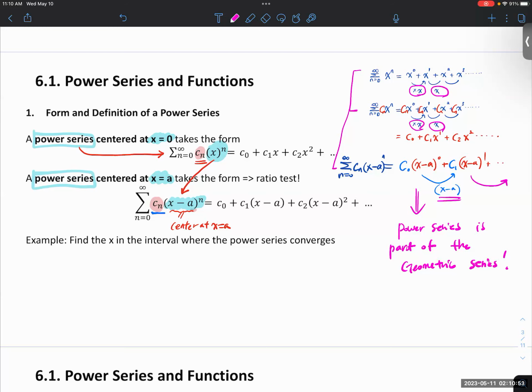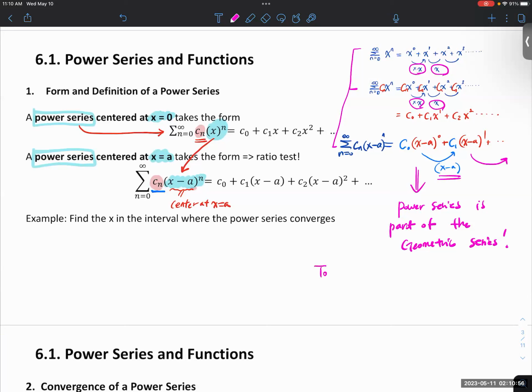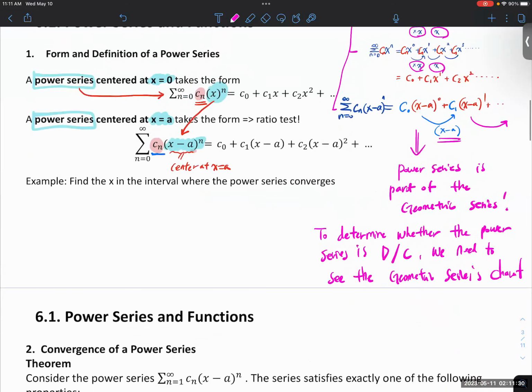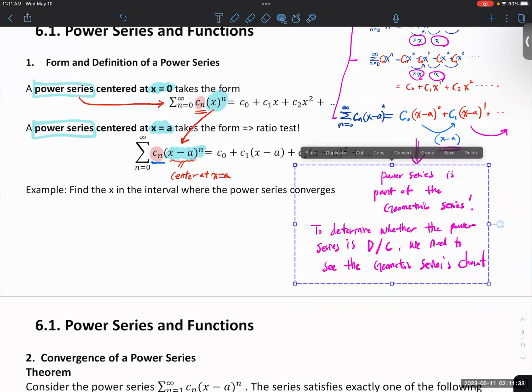Therefore, to determine whether the power series diverges or converges, we need to look at the geometric series characteristics. Does it make sense? My writing is too long, but you see what I'm talking about here.